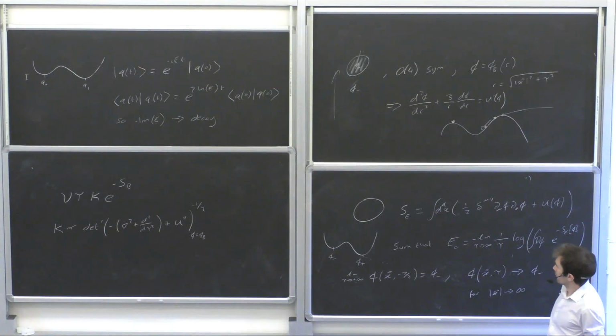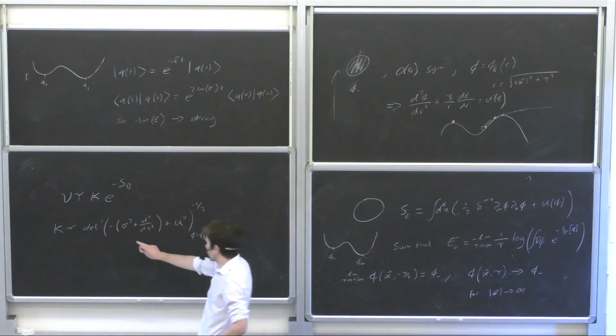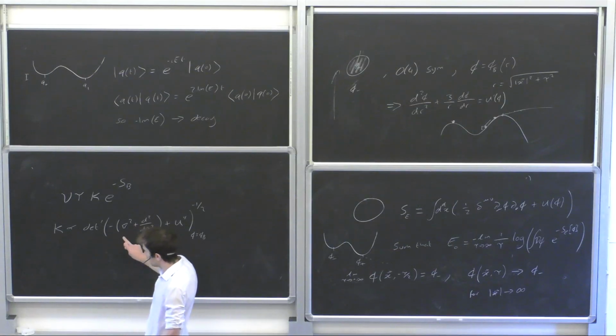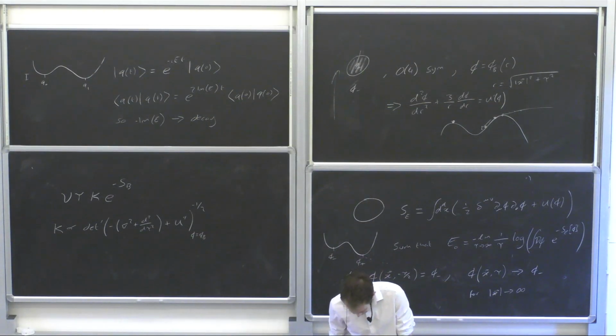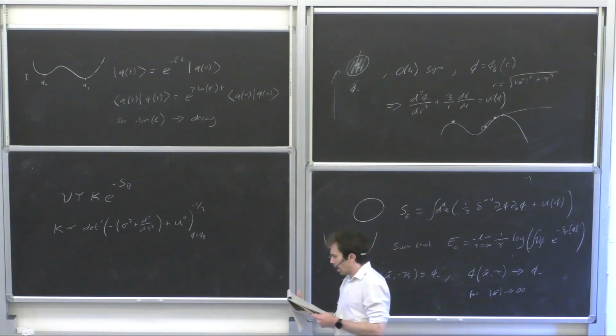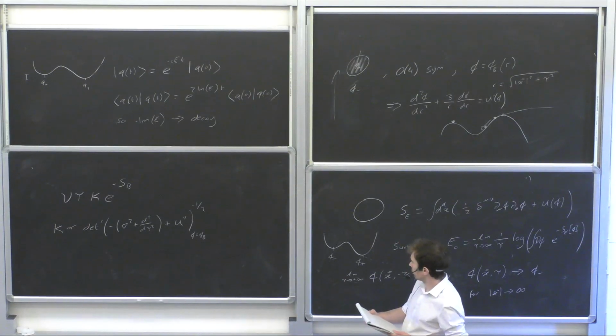Hopefully it's plausible, given the quantum mechanics example, that actually this determinant factor has a negative eigenvalue. Indeed, it turns out that it does. One way you can prove this is by doing some analysis actually similar to Derrick's theorem.